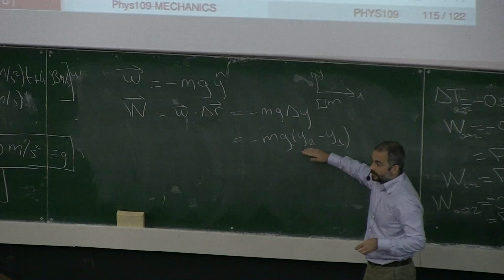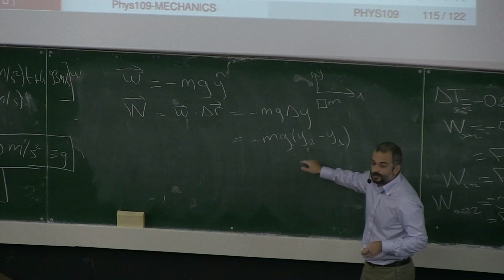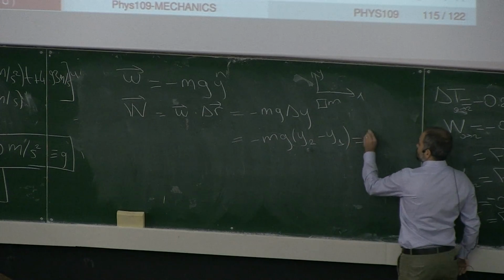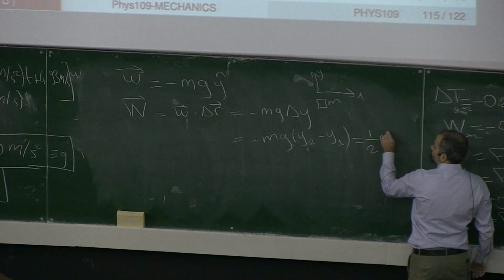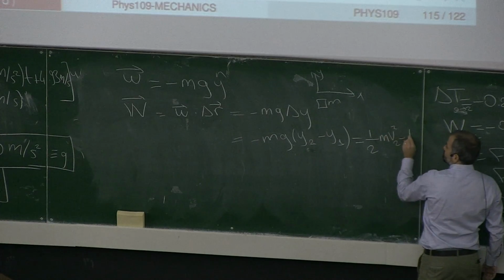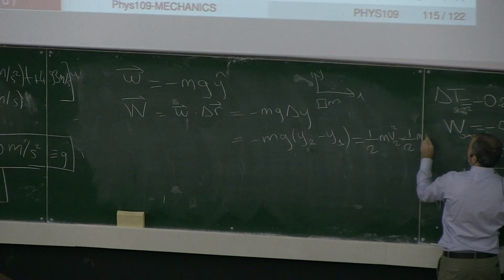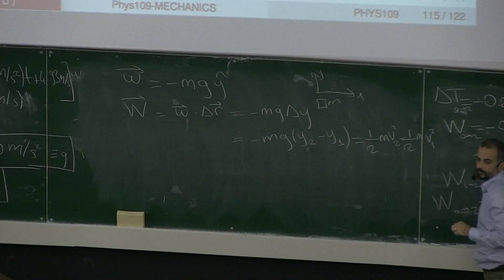So this is what we obtained. Now we had also seen that this was equal to the change in the kinetic energy, 1/2 m v2 squared minus 1/2 m v1 squared.